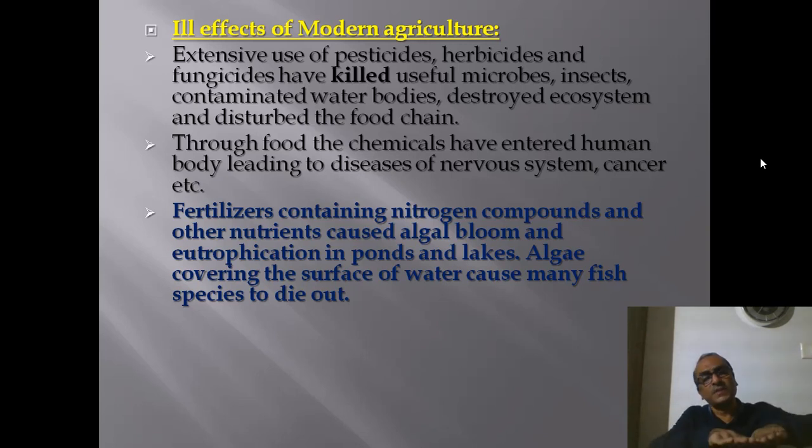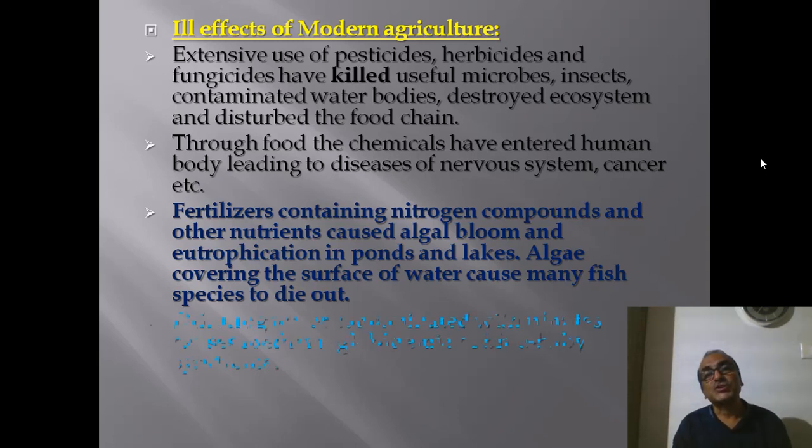As the surface is covered by the algae, fresh air is not able to mix with the water, and the diffusion of oxygen from the atmosphere is not taking place. So the biological oxygen demand, or biochemical oxygen demand, increases in the water, and the aquatic organisms start dying out. That kind of condition, the growth of algae or algal bloom on the surface of a water body, is called eutrophication.